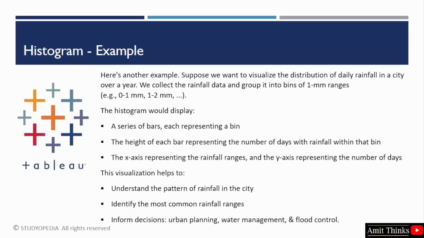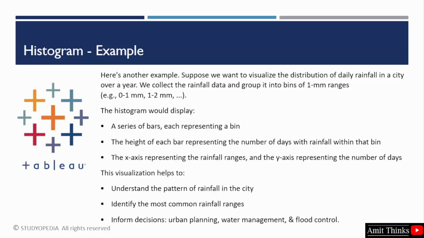Let's say another example, we want to display the distribution of daily rainfall in a city over a year. Obviously we will create some bins for the range. Here we have bins of 1 millimeter ranges, that is 0 to 1, 1 to 2, 2 to 3. Our histogram will display a series of bars, each representing a bin. The x-axis will represent the rainfall ranges and the y-axis will represent the number of days.